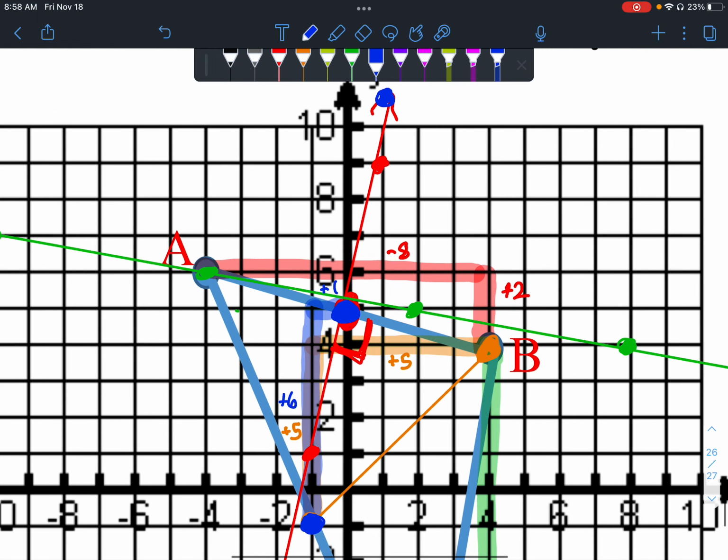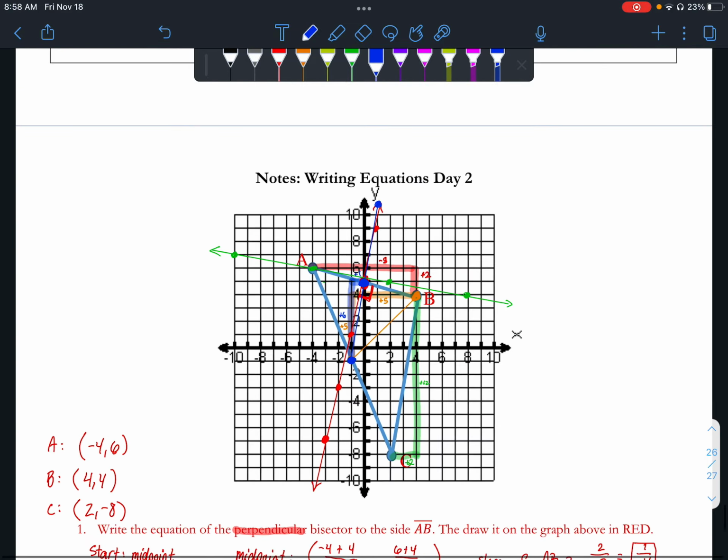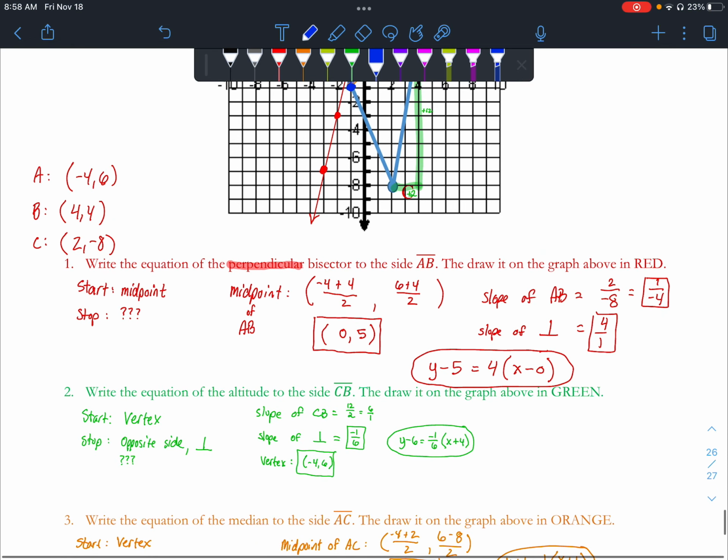And if I connected those dots together, you would have yourself a beautiful mid segment that connects one midpoint to another midpoint.